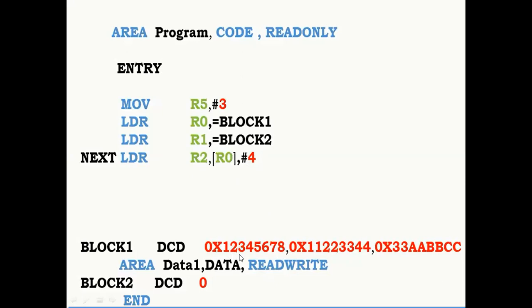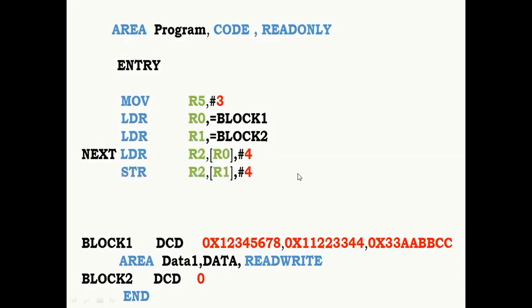Why? Because you are moving a 32-bit value. 32-bit means how many bytes? 4 bytes: 1, 2, 3, 4. So after movement of data from R0 to R2, you have to increment the memory location by 4. So you got the data into R2.